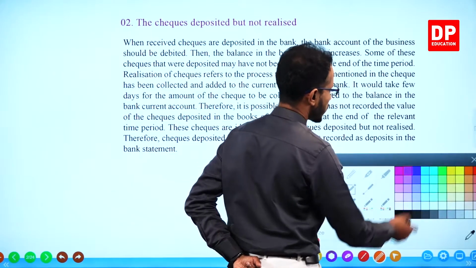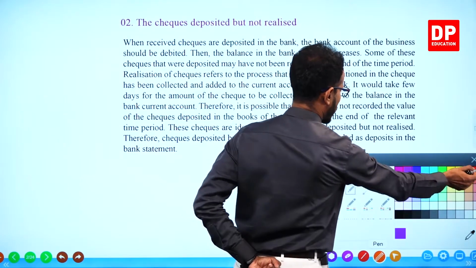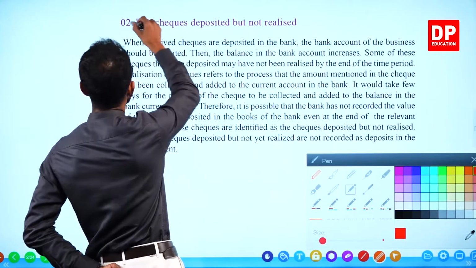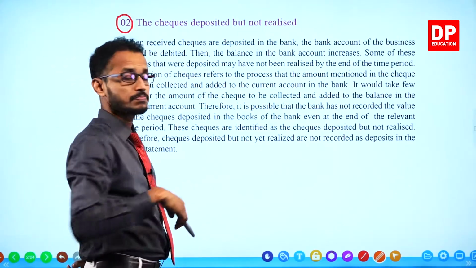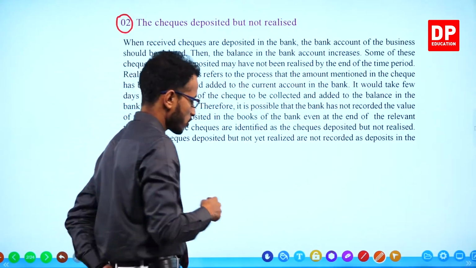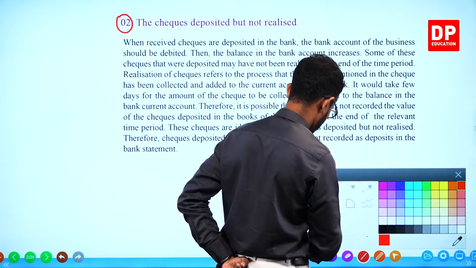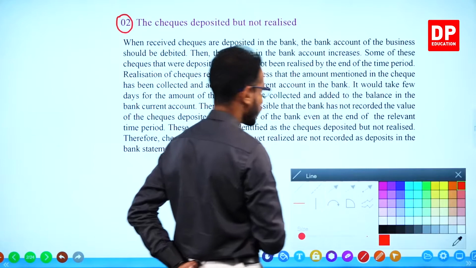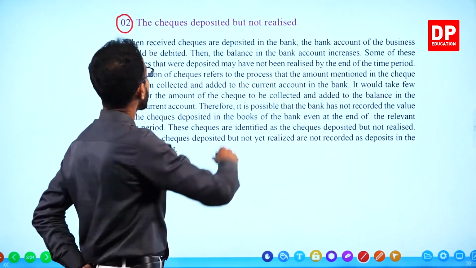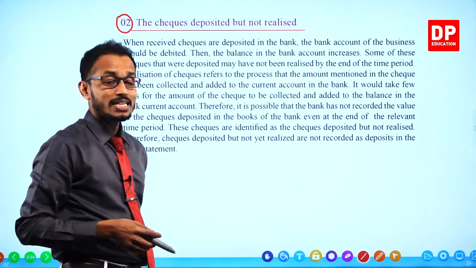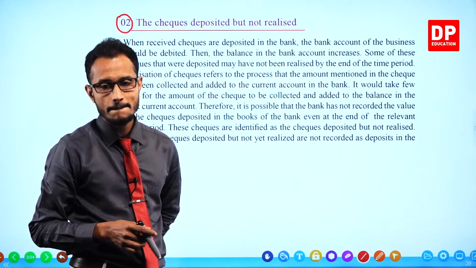Just like the previous reason, children, this is also a similar one, something which is related to checks.